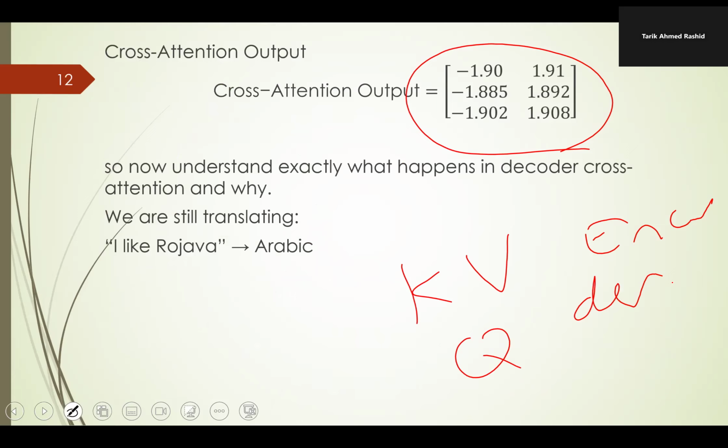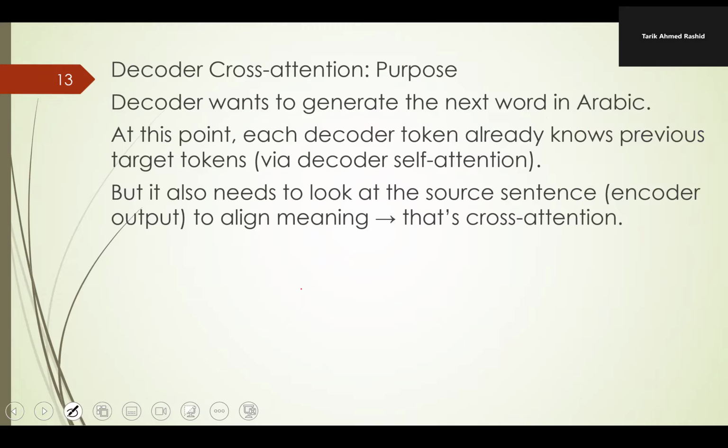So why did we want to do that? We are still translating "I like Rojava" into Arabic: أنا أحب Rojava. The purpose of this process is that the decoder wants to generate the next word in Arabic, and each decoder token already knows the previous target tokens via decoder self-attention.